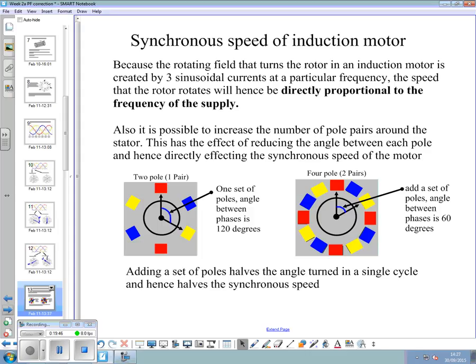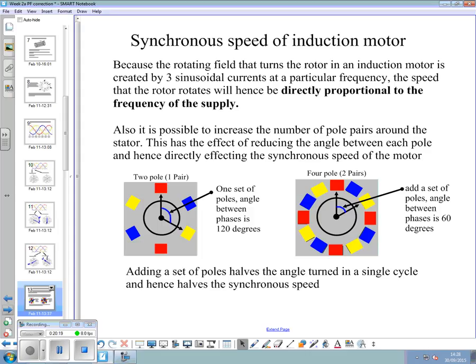frequency. Also, it's possible to increase the number of pole pairs around the stator. This has the effect of reducing the angle between each pole and hence directly affecting the synchronous speed of the motor. So, in a two-pole motor, i.e. where each phase has one pair of poles associated with it, we've got the red phase top and bottom, then the yellow phase and the blue phase.